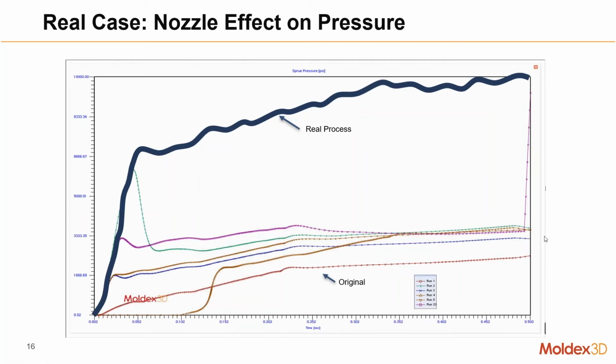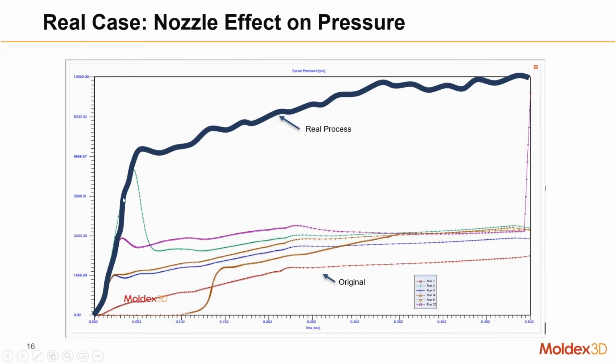If we overlay those on top of one another, then we can see that this red one here is the one from reality. If we overlay the curve from the machine onto the MoldX 3D sprue pressure curve, we can see that there's a very, very large difference between this red curve, which was the original simulation.